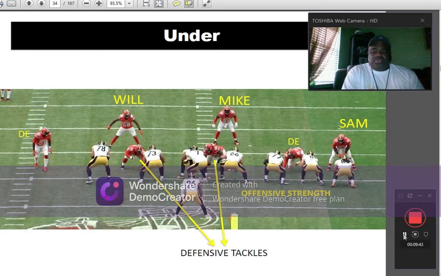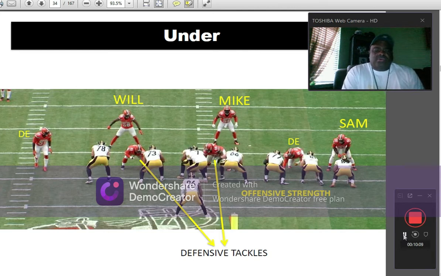For a lot of people who don't understand what an under is, you see how he's set up, how the defensive end is under the tight end. And now the 5th defensive back is used like a Sam linebacker. He's over the person who's playing like the tight end.